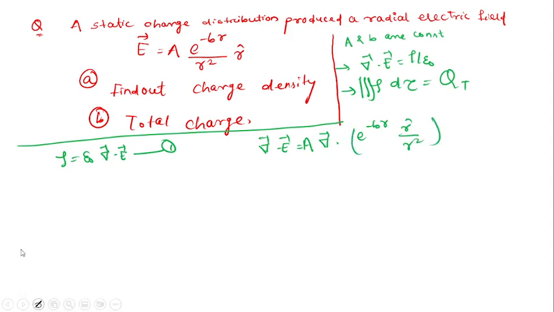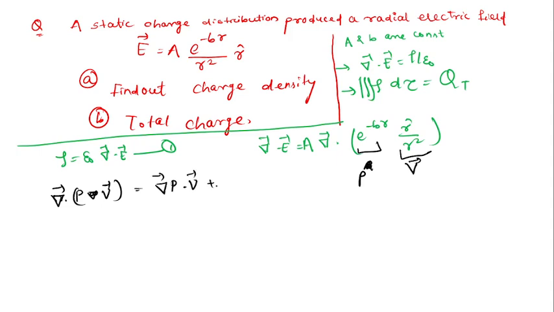Let this be the first function, P, and this is our vector B. We can use the properties of the nabla operator, that is del dot of P times B vector is equal to gradient of P dot B vector plus P times del dot B vector.